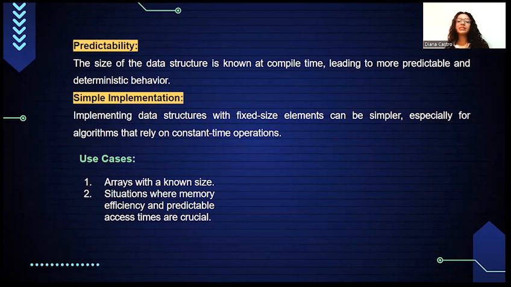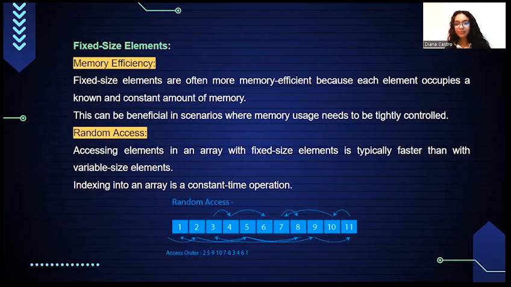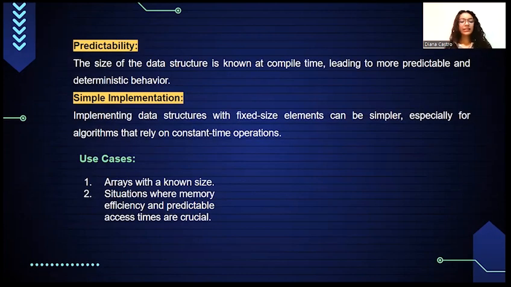Implementing data structures with fixed size elements can be simple, especially for algorithms that rely on constant time operations. Some use cases can be arrays with a known size. You already know the size, so there's no problem with the memory. It can be tightly controlled, and this also applies in situations where memory efficiency and predictable access time are crucial.